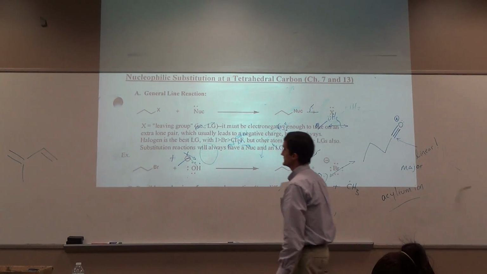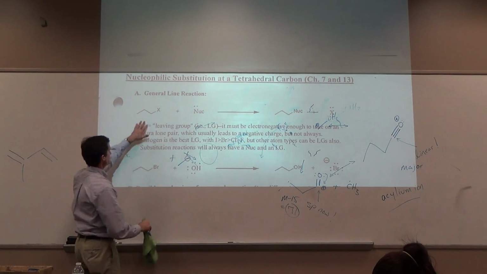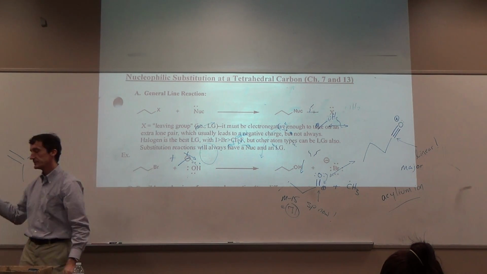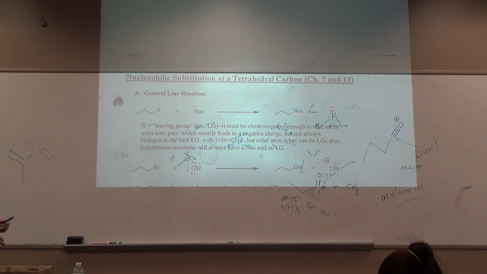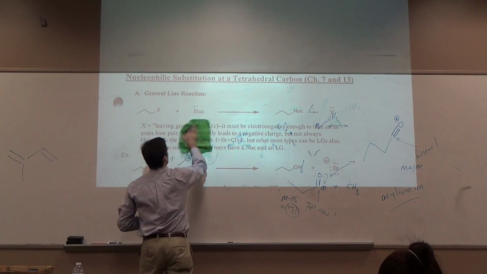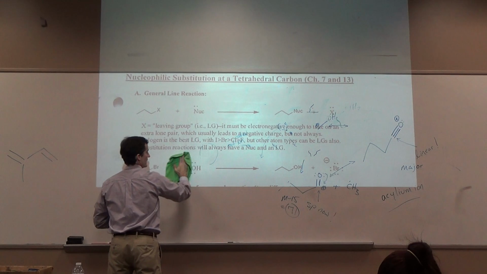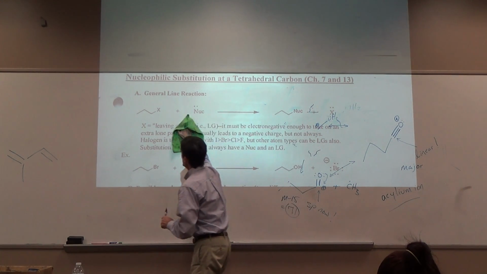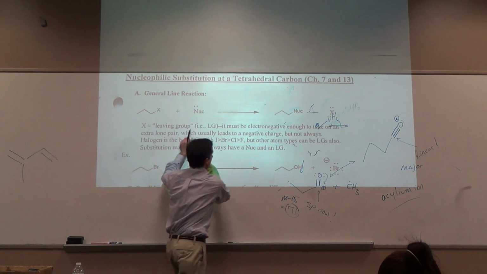Okay, general reaction. We're going to have a substrate with a leaving group. Leaving group I call X here. X is typically a halogen, but we're going to expand it to be other things. The leaving group, from now on I'll call it LG. We need to have a nucleophile. I've shown that generically.